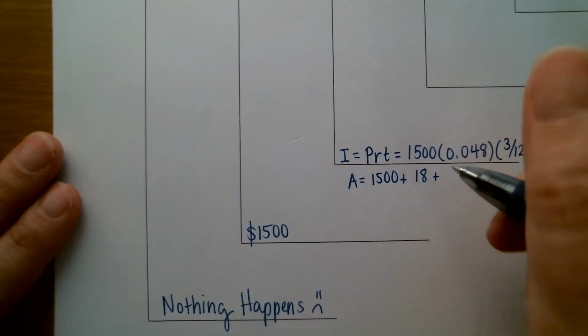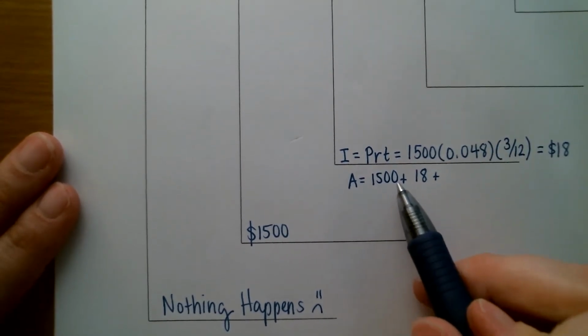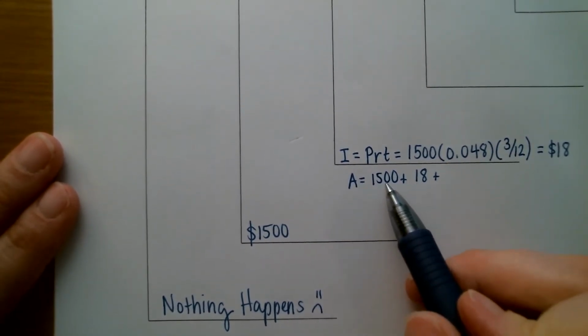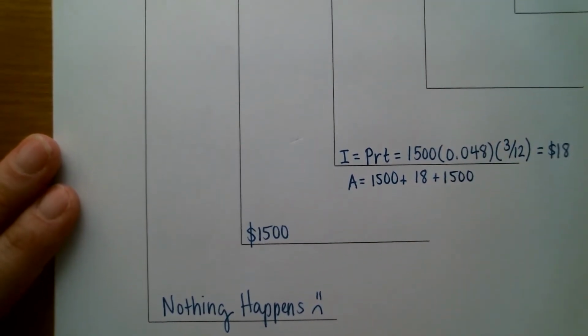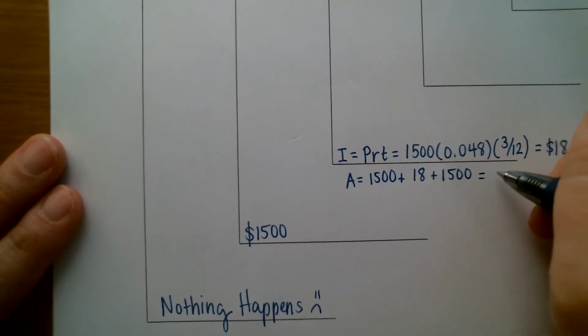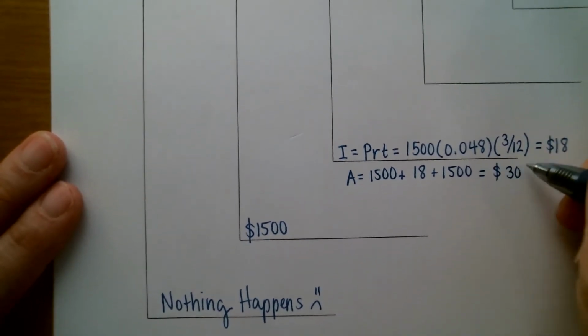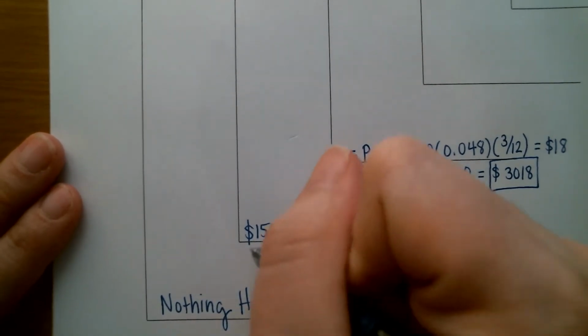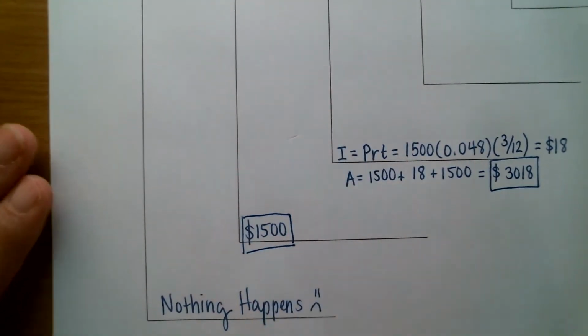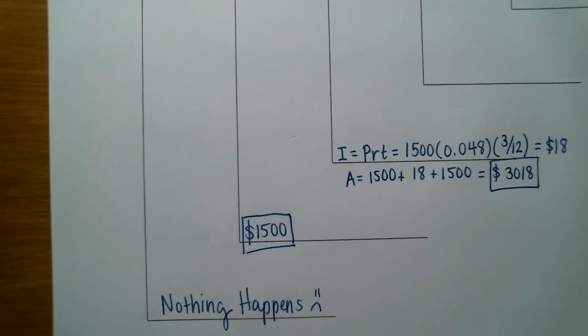So we're going to tack on, this was the initial $1,500. This was the interest that $1,500 earned. Now you're going to make another deposit of $1,500. So on June 30th, you have a total of $3,018 in the account. So it's a little bit different here. I'm going to box the account balance at the end of each quarter there.